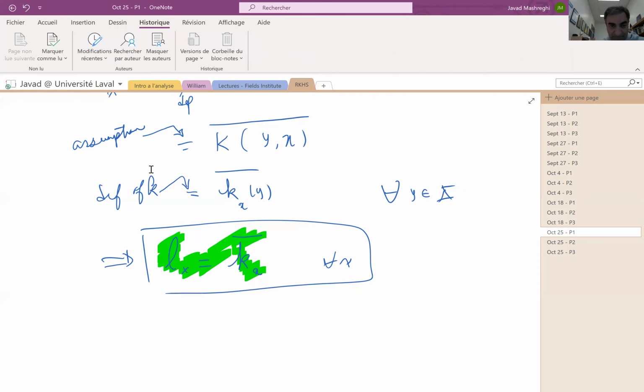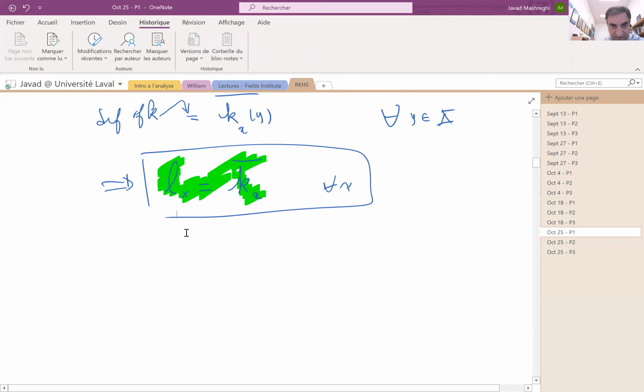The other thing, which indeed is an outcome of this: what is the inner product of l x and l x prime, say, in H of L? So let's calculate.